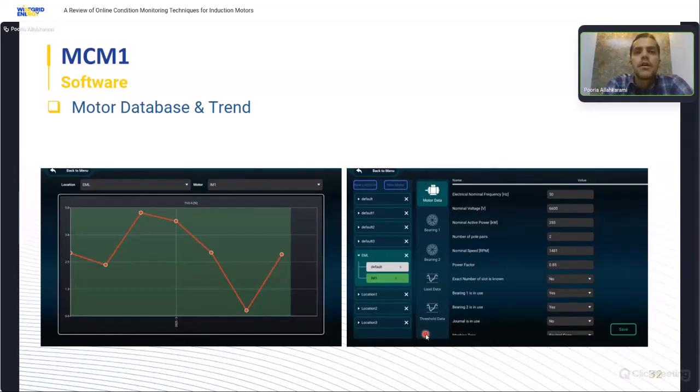Also, some faults like bearing faults heavily rely on bearing specifications. So, for this reason, the MCM1 has a library of all the bearing codes to detect the bearing faults only with the frequency characteristic of each bearing.